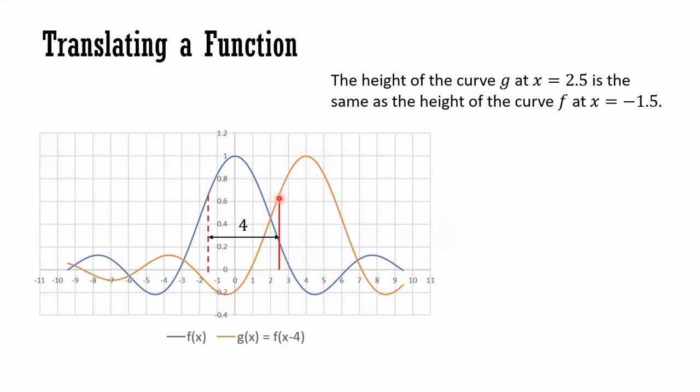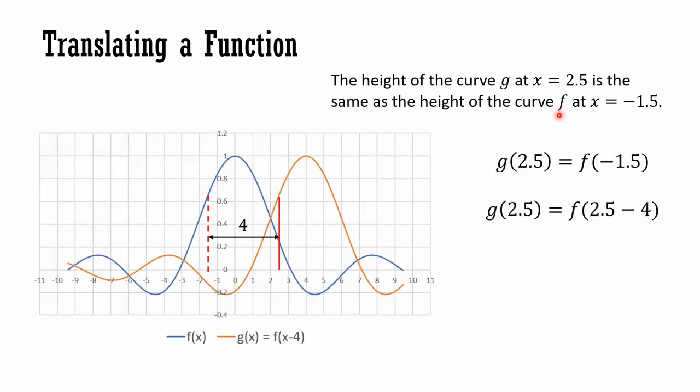That's the height. And you can see that that's the same as the height over here of the blue curve at x equals negative 1.5, which is 4 to the left. So the height of g at 2.5 is the same as the height of f, 4 to the left, at x equals negative 1.5. Same statement as before, but now I'm relating two different coordinates.